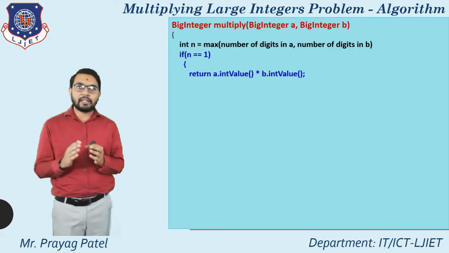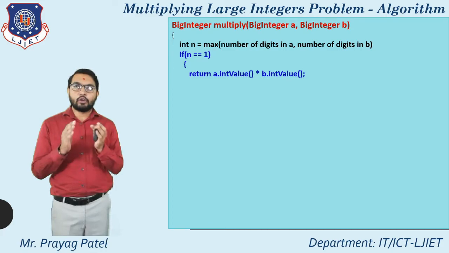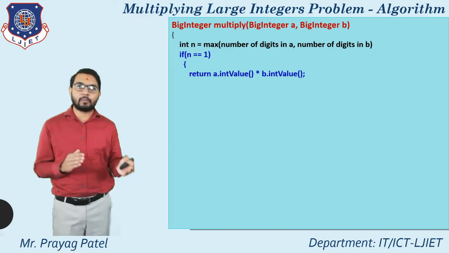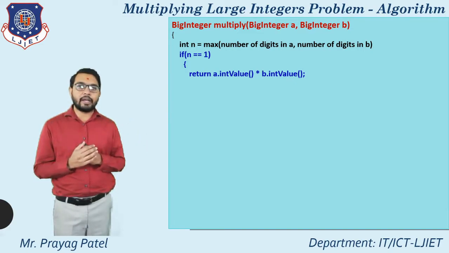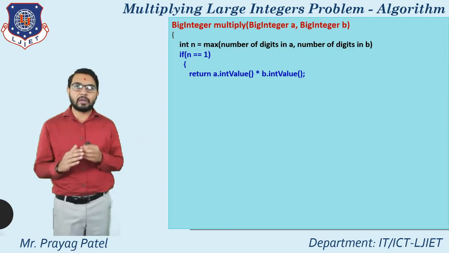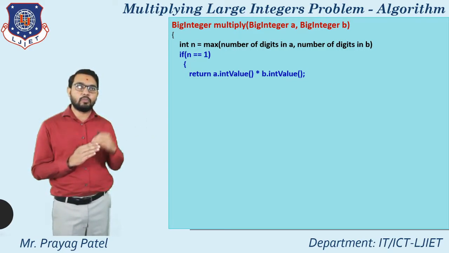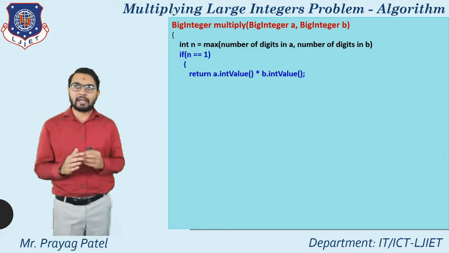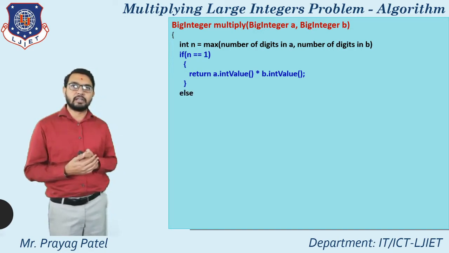You divide the problem into subproblems and then solve the subproblems. But if your problem is already small, then there is no need to divide it into smaller subproblems. That's why if n is already 1, then you directly multiply these two numbers. So return a dot integer value multiply b dot integer value, meaning a and b are directly multiplied if n is a single digit.